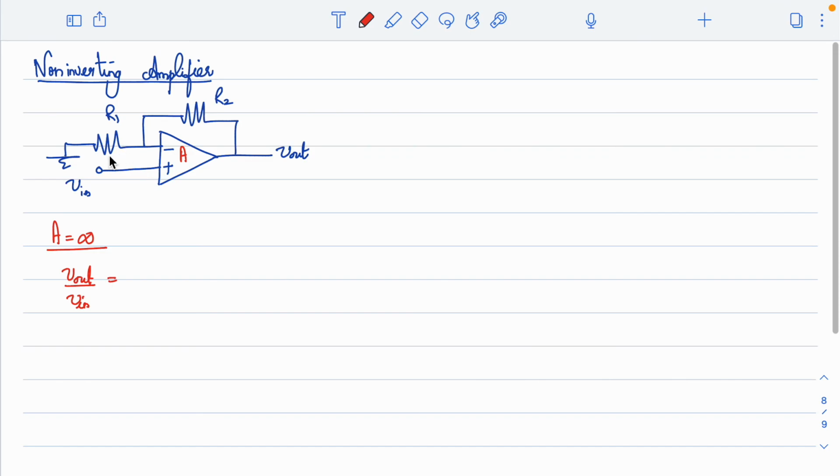You can take it either way. So if I am marking this point as I in, there is no input current here, so the same I in will be flowing, right? How can I write this again?